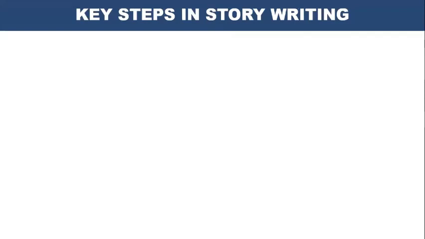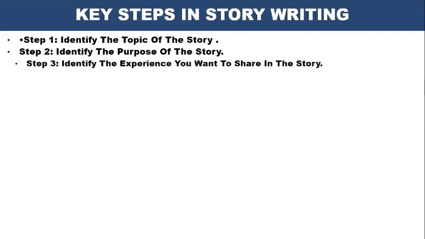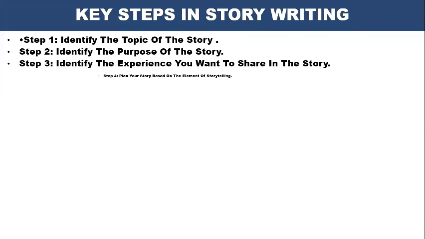Now let's take a look at the key steps in story writing. Step number one, identify the topic of the story. Very important. Step two, identify the purpose of the story. Step three, identify the experience you want to share in the story.